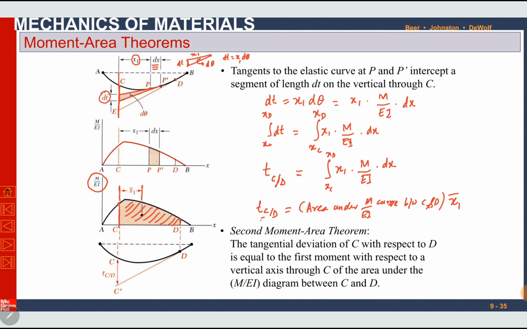It is the distance from the first point C to the centroid of the area between C and D under the M over EI diagram. So this is our second moment area theorem.